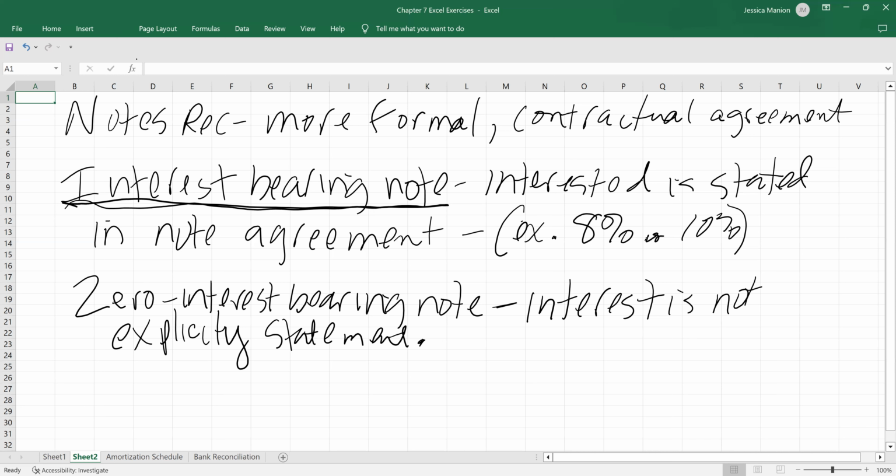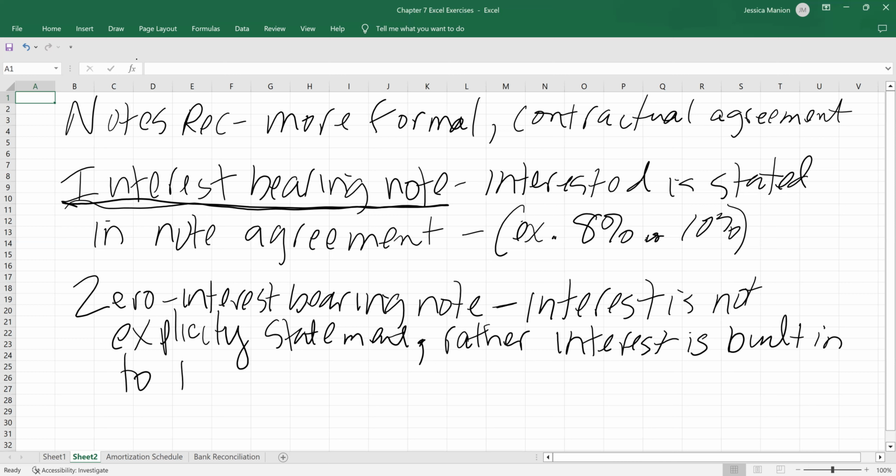Rather, interest is built into the face amount. So again, we'll see an example of that, built into the face amount.